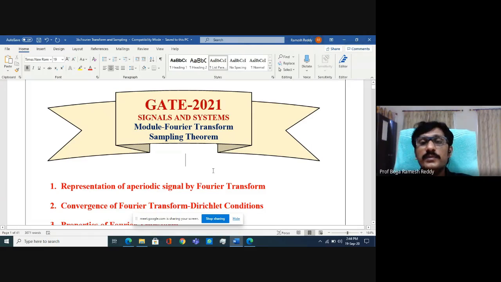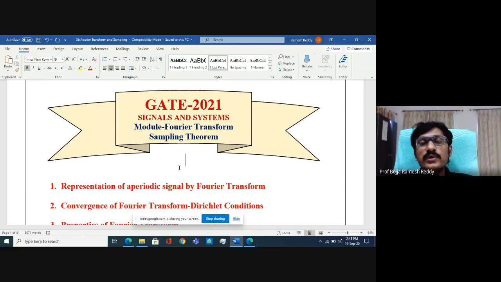For that, there are so many types of transformations. Among them, the popular method is Fourier transform. Fourier transform is used for both continuous time and discrete time signals. Whatever Fourier transform is used for continuous time signals is called simply Fourier transform, sometimes called continuous time Fourier transform. And the transformation used for discrete time signals is called discrete time Fourier transform, DTFT. In both transformations, complexity is more.